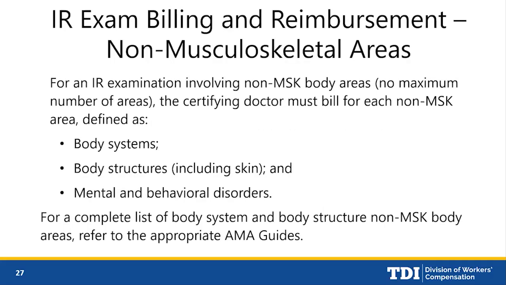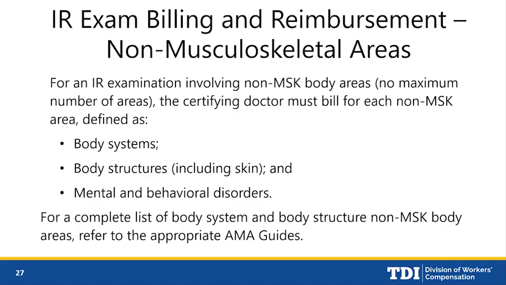Non-MSK body areas. Obviously, it's not MSK, but all of your other body systems, your body structures. So it's going to include the skin, think mental and behavioral disorders. So you're going to be billing for each of those, and a complete list can be found in the AMA guides to permanent impairment.